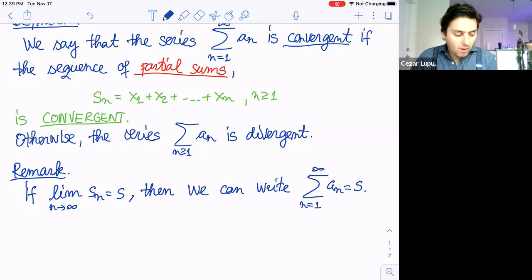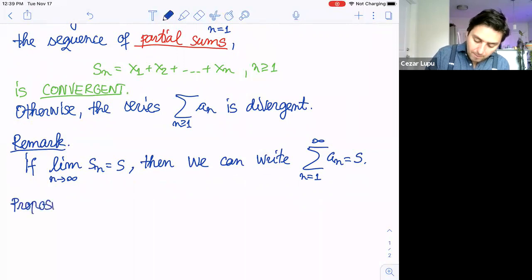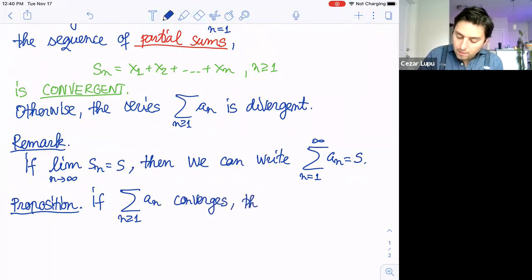Okay. Now another remark that I wanted to point out, and this is a very important one. Maybe I shouldn't put it as a remark, but let me put it as a proposition. If the series of an converges, then the sequence an inside that series will converge to 0.